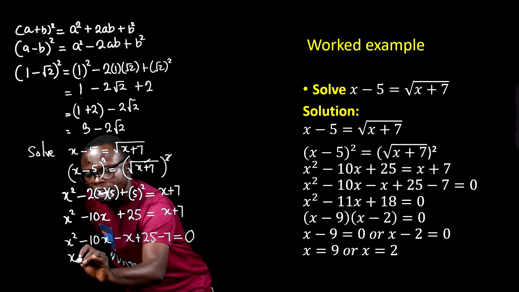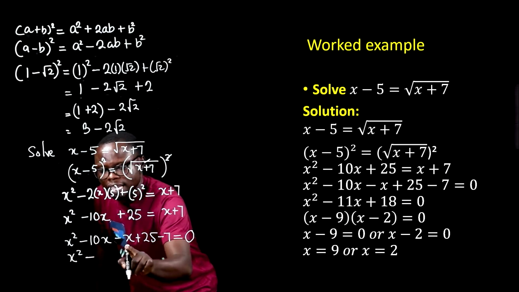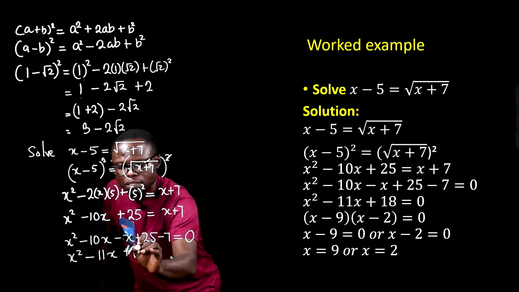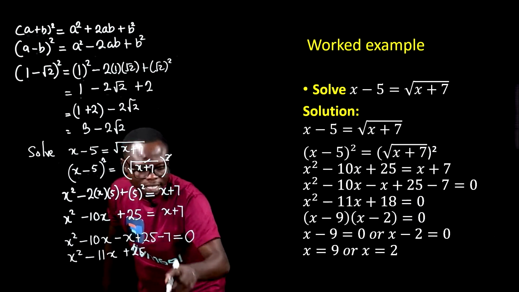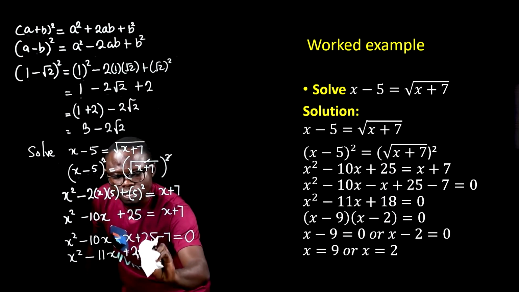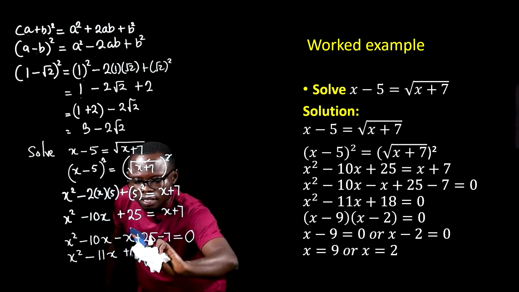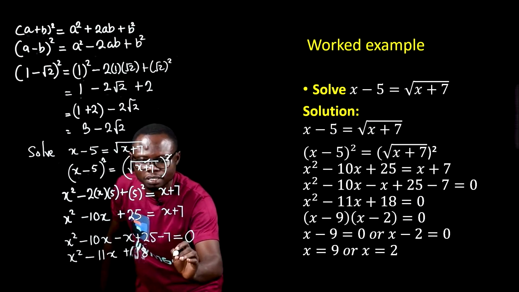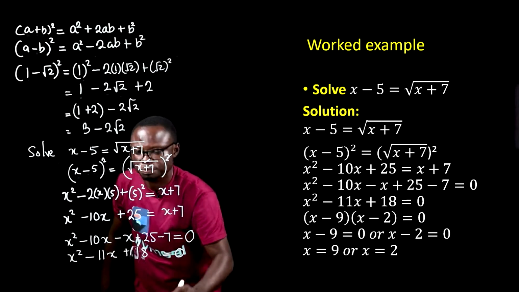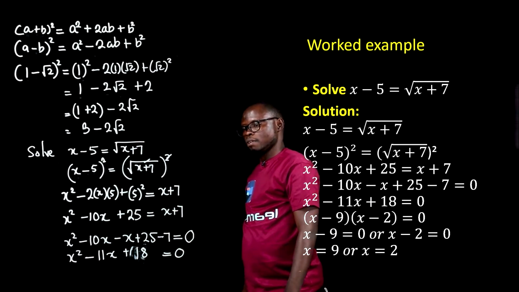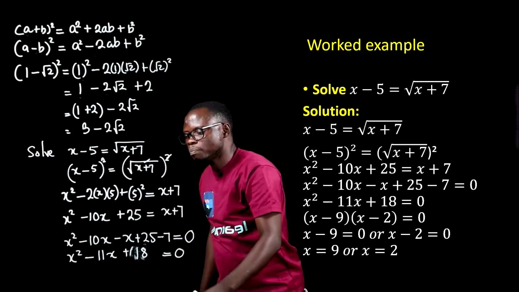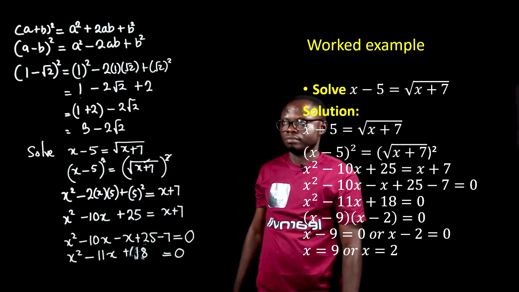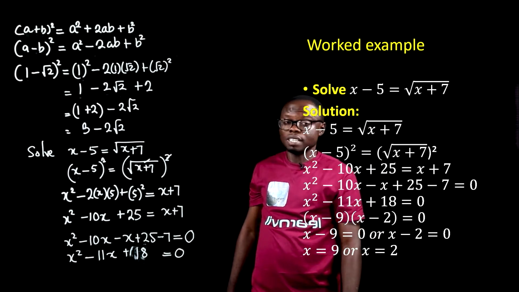This becomes x squared minus like terms, 11x, plus 25 minus 7 becomes 18, is equal to 0. This results in the formation of a quadratic equation, which we can easily solve with our calculator.